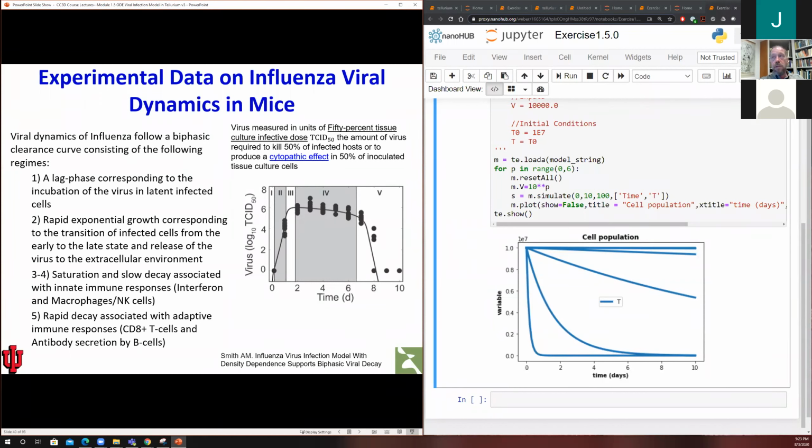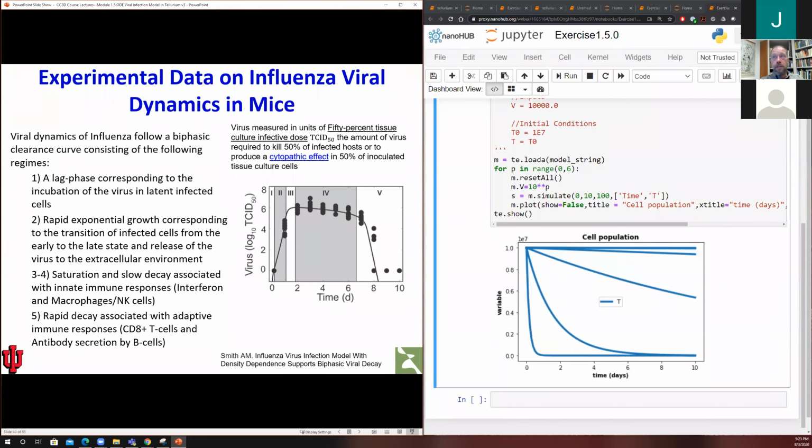And then you do sequential dilutions by factors of 10 to determine the level at which half of the infected individuals die, or if you go into tissue culture, half of the cells in the tissue culture die.